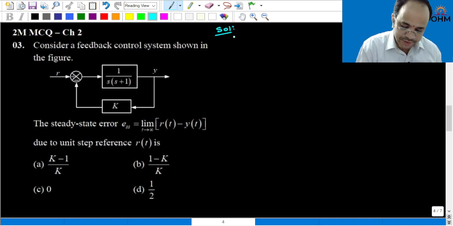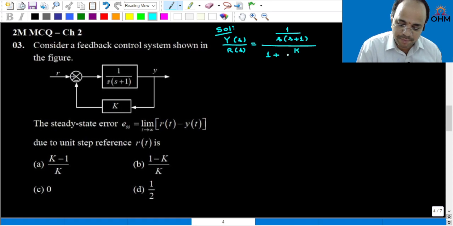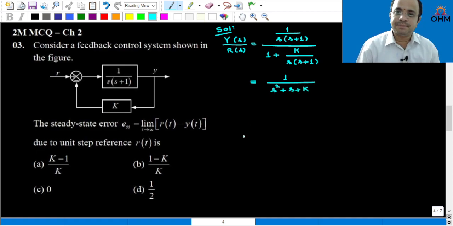So, first let us find out the closed loop transfer function Y of s divided by R of s, that is 1 by s into s plus 1, divided by 1 plus k by s into s plus 1. Now, in this case it is 1 by s square plus s plus k.